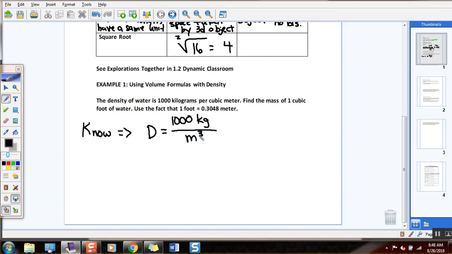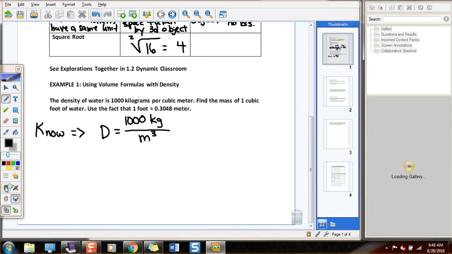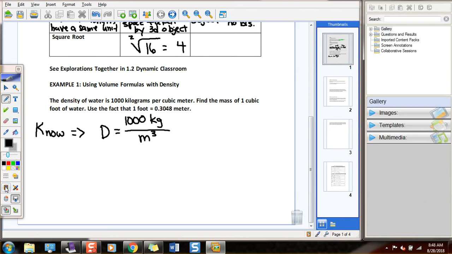So here's the deal. I'm going to draw something up here as best I can. Maybe you want to do the same. And if you don't draw it, that's fine. We've got a shape involved up here. What are we trying to find the mass of, kids?